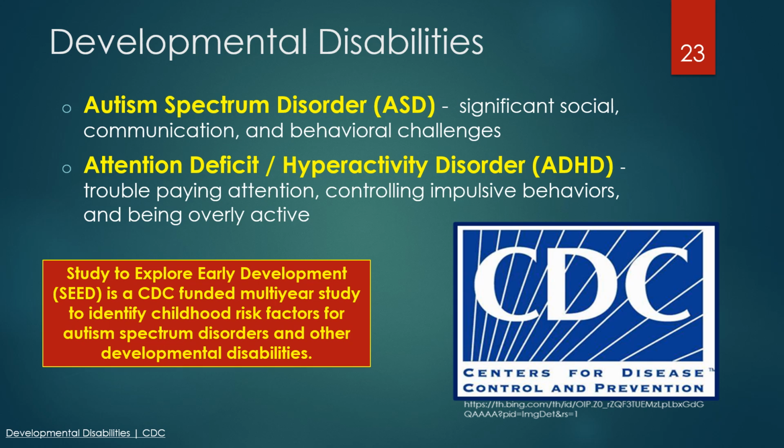Children who have a sibling with autism spectrum disorder are at a higher risk of also having autism spectrum disorder. The Study to Explore Early Development, SEED, is a CDC-funded multi-year study to identify childhood risk factors for autism spectrum disorders and other developmental disabilities.